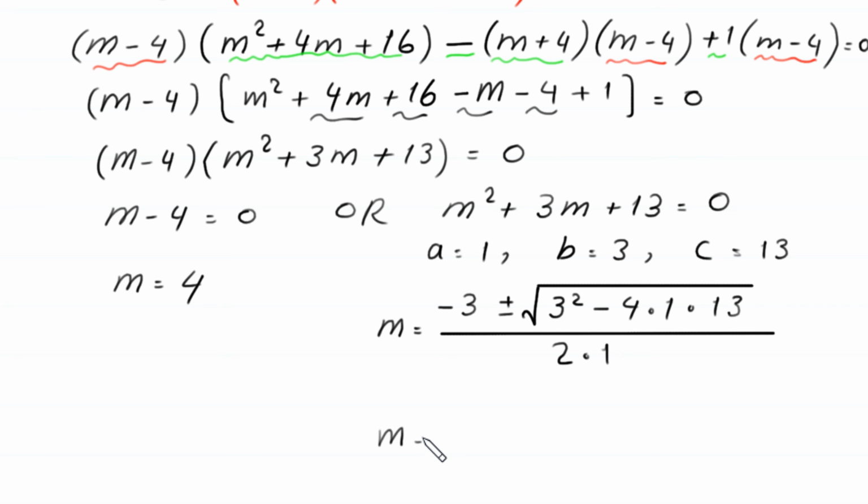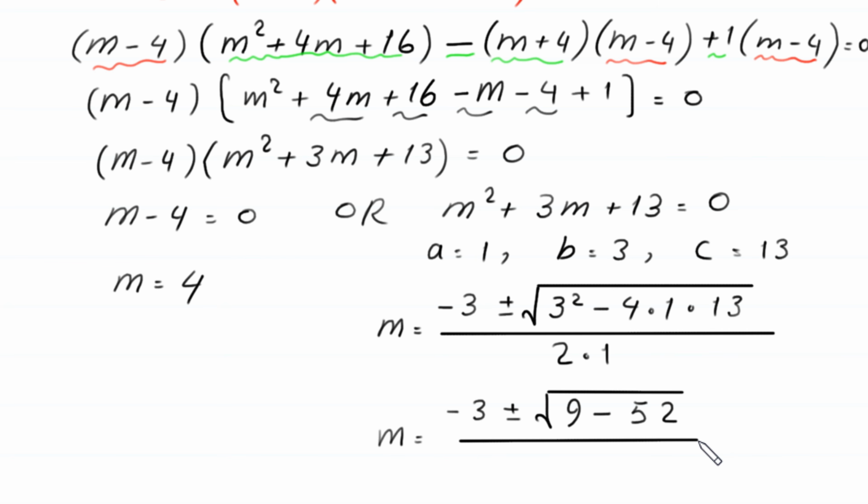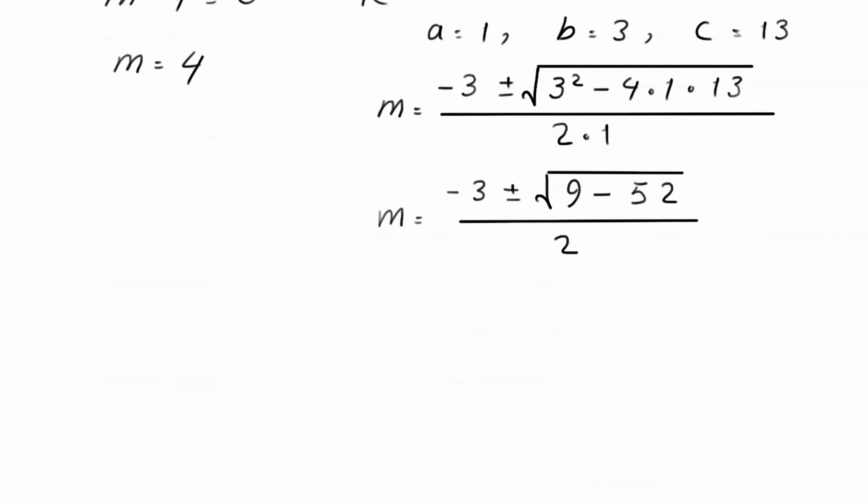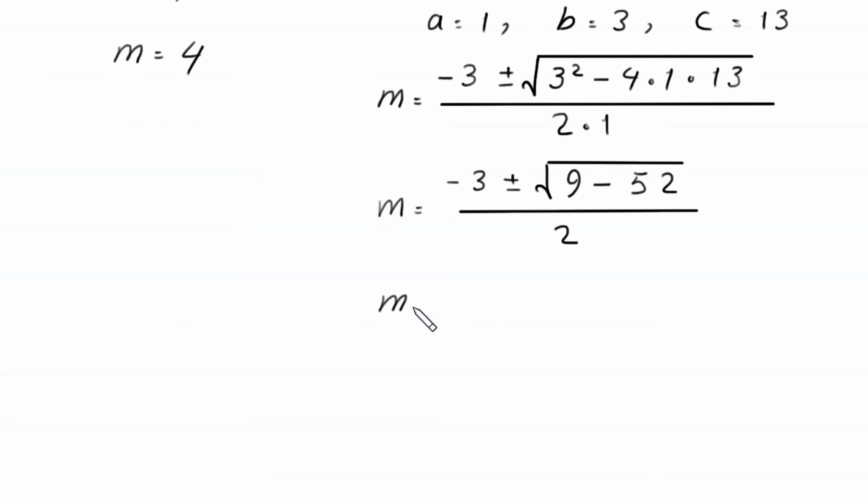Next, m = (-3 ± sqrt(9 - 4 times 1 times 13)) divided by 2 times 1. 4 times 13 is 52, so 9 - 52 is negative 43, divided by 2.